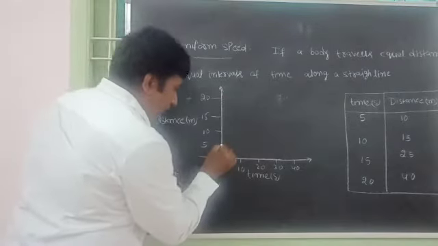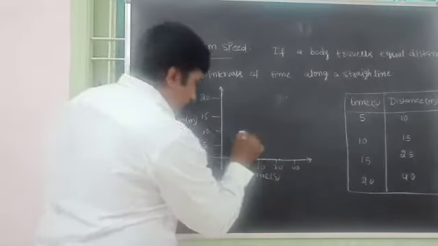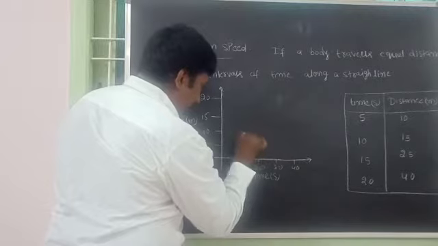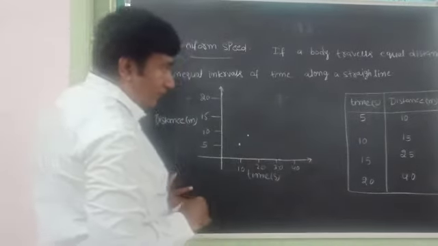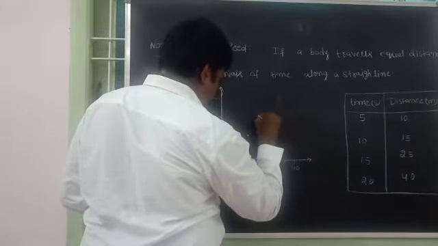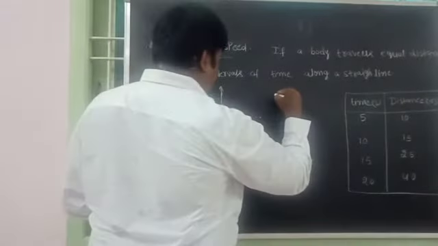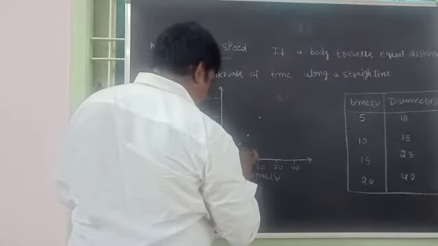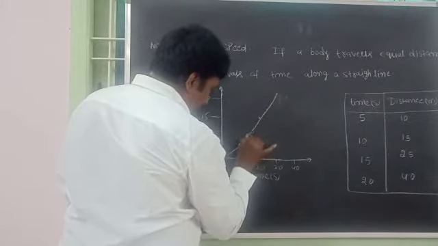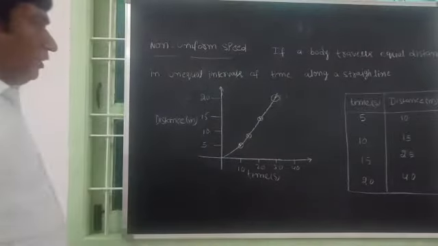For the first 5 seconds it is 10. For the next 10 seconds it is 15, which I indicate like this. Next for 15 seconds it is 25. Next for 20 it is 40. That means when you plot this, you get approximately a curve like this, which is not uniform.